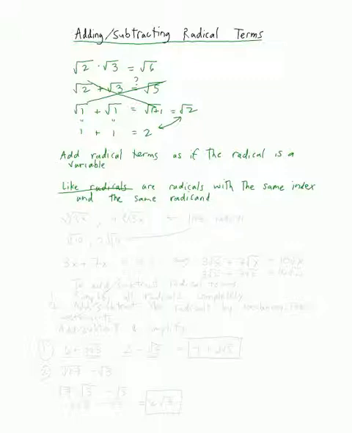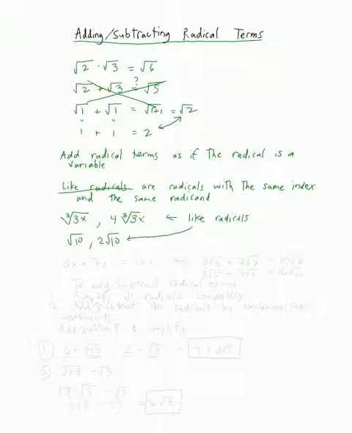For example, cube root of 3x and 4 times the cube root of 3x, those are like radicals. Or for example, the square root of 10 and 2 times the square root of 10. Those are also like radicals.